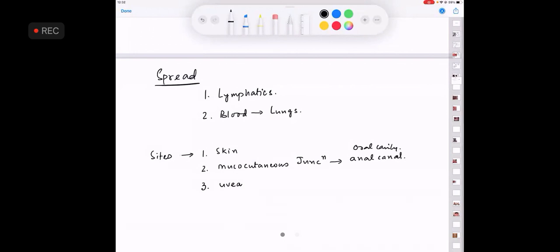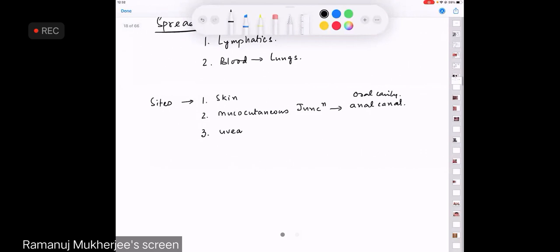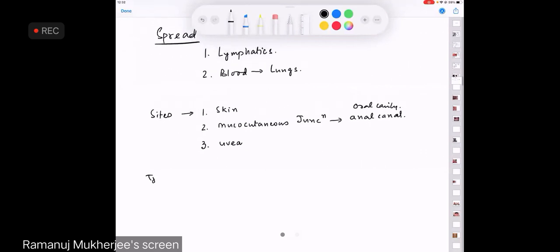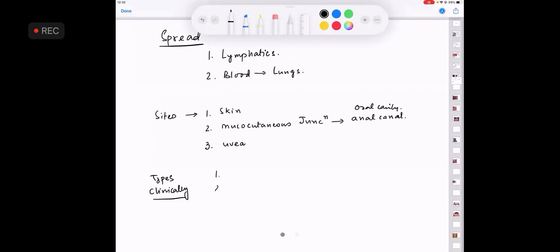Then, if this is complete, the next question is what are the types of melanoma clinically? The types of melanoma clinically are divided into 1, 2, 3, 4. The first type is called superficial spreading.